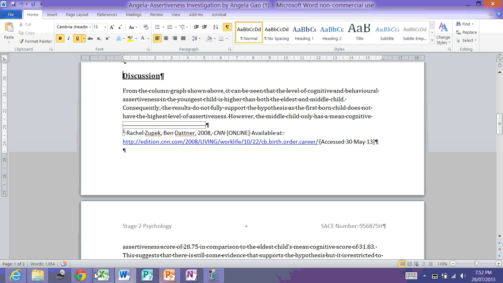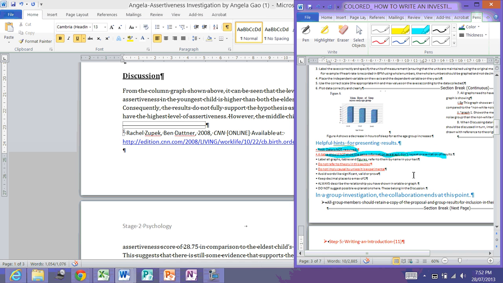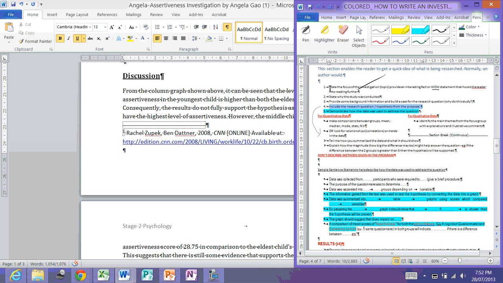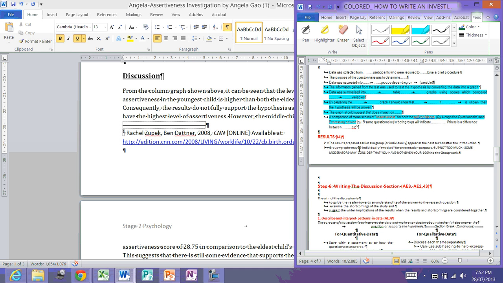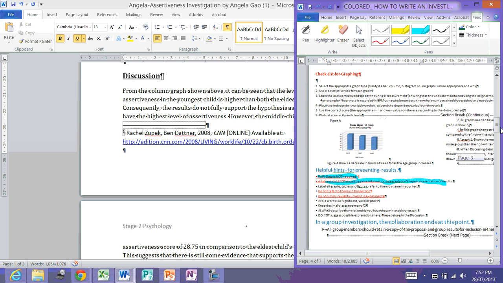When we read this information from here, it tells me that in the introduction I have to include all these. I'm going back to this, and then results prepared earlier and should be doing this. You should say in words what the results are telling me.